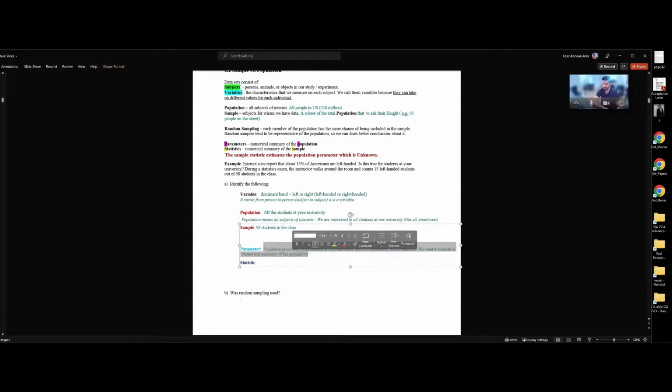It changed. So it's up to us how we define the question we are interested in. Then the statistic. Again, the numerical summary that we are interested in is the proportion of students who are left-handed.